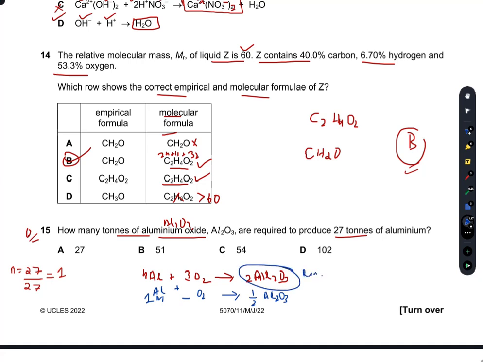So if I have 27 tons of aluminium, it will give me half mole of Al2O3. So I will have to multiply half with the MR of Al2O3, which is 102 divided by 2, so 51. So 51 tons of aluminum oxide would be produced here. So B is our right option.